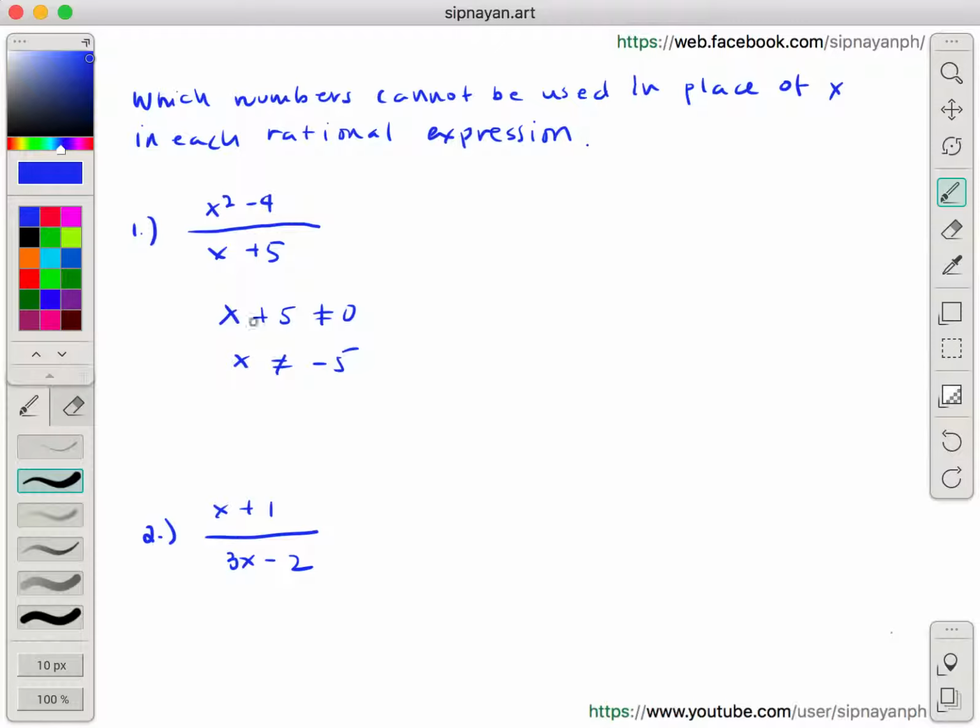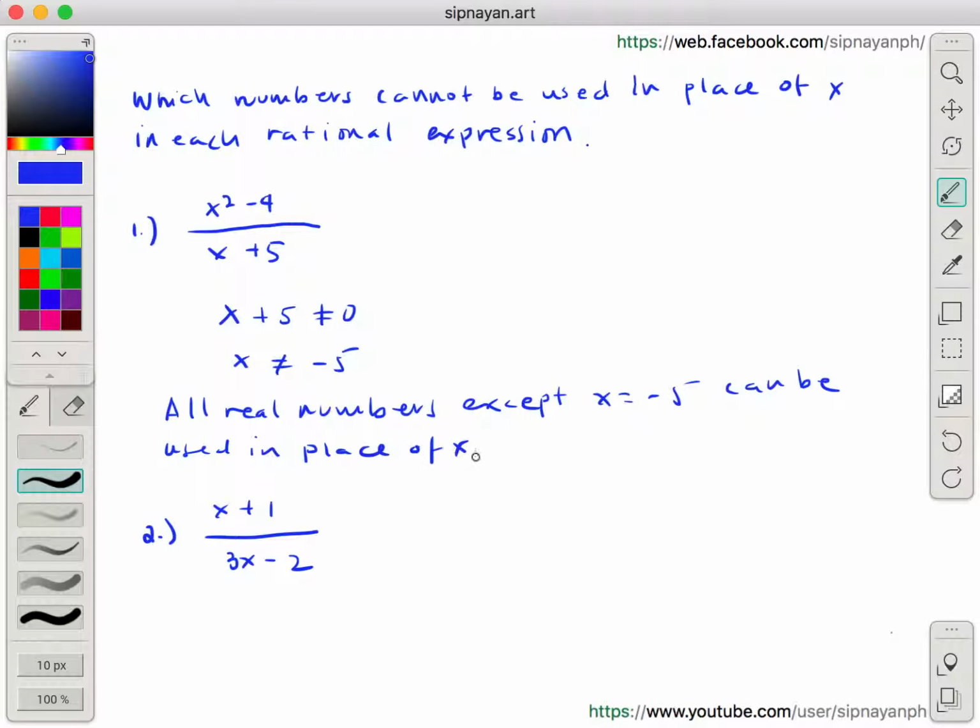So, in this first rational expression, all real numbers are allowed except x equals negative 5 can be used in place of x. The question is, which numbers cannot be used in place of x in each rational expression.